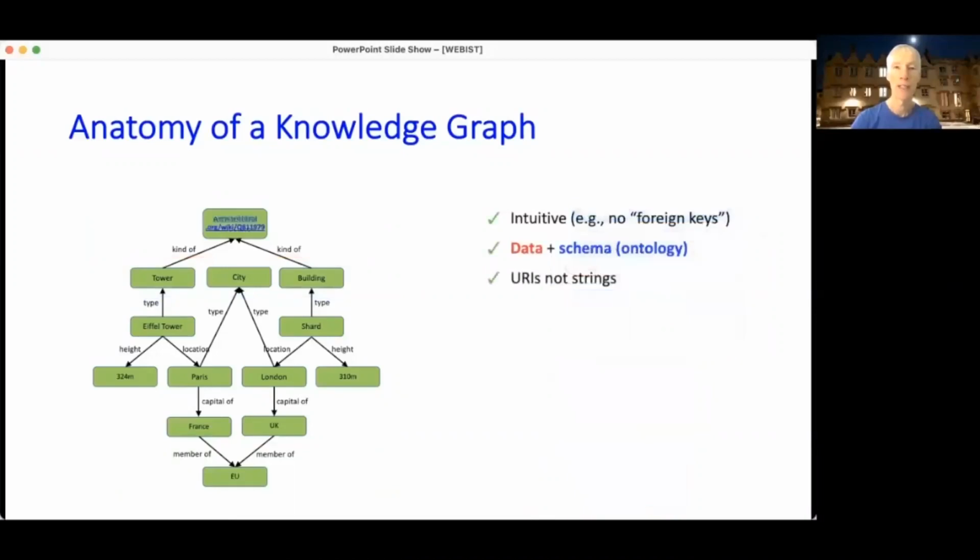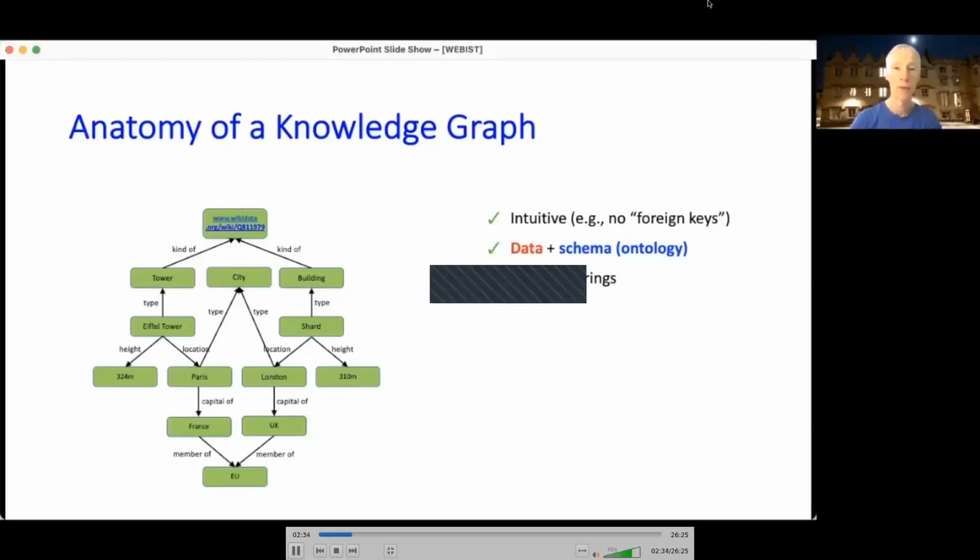In fact, RDF graph entities and edge labels are uniquely identified by URIs. This has the advantage that we can directly refer to entities in other knowledge graphs and access additional information via the web. For example, we can use the Wikidata URI for architectural structure, and we could use that to access a wealth of additional information about architectural structures.